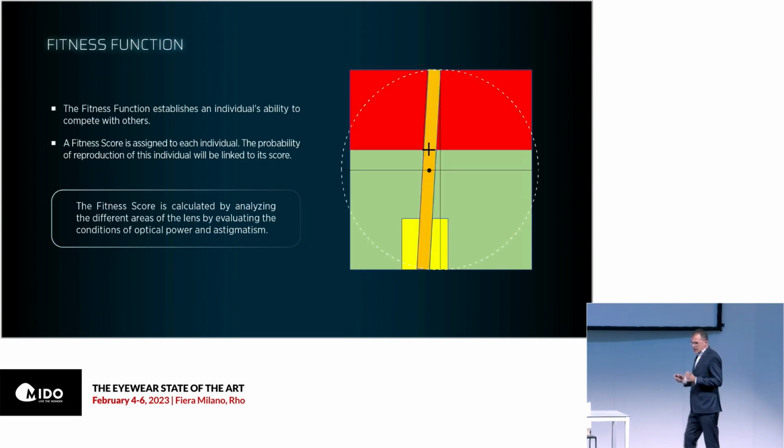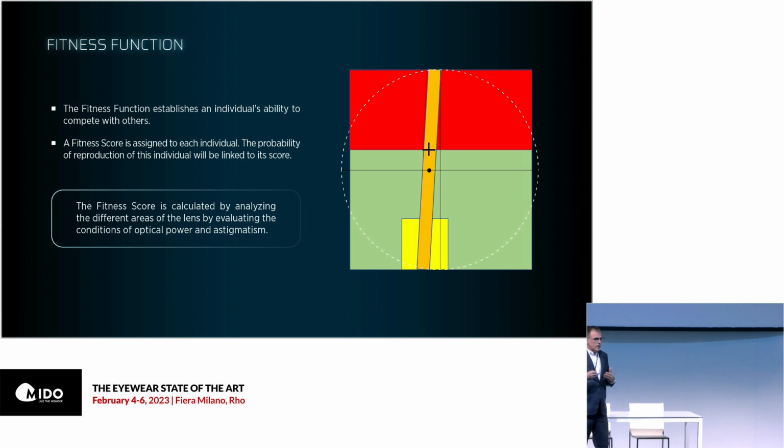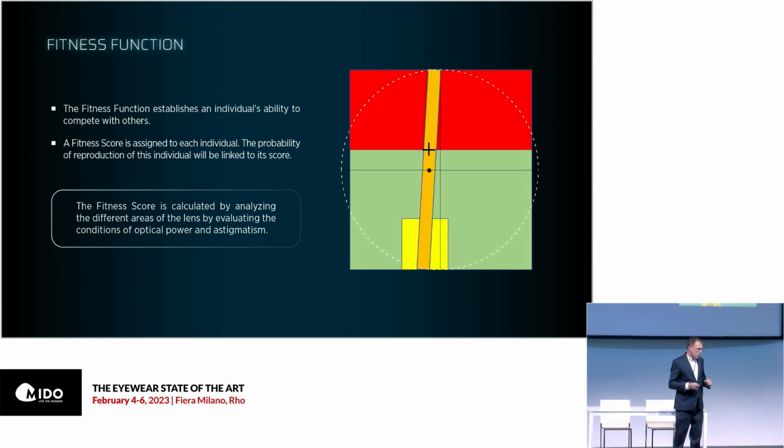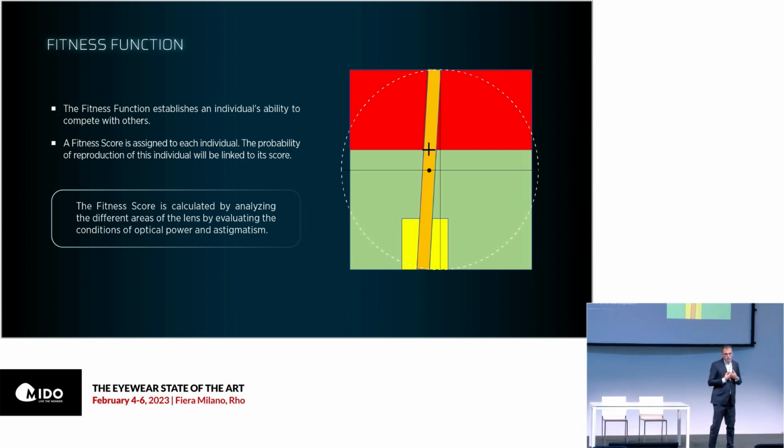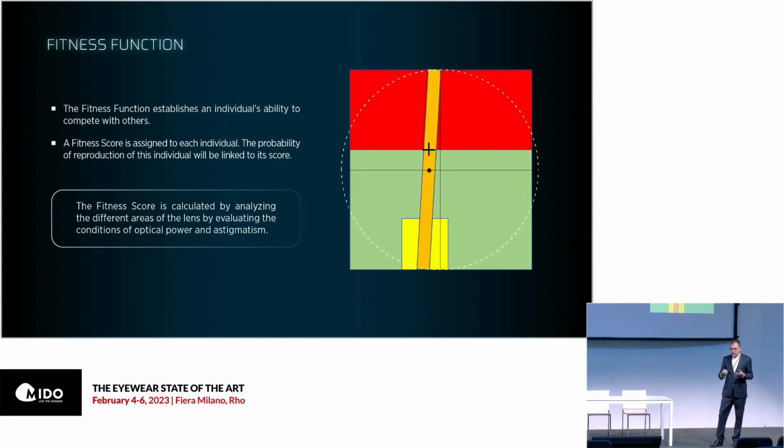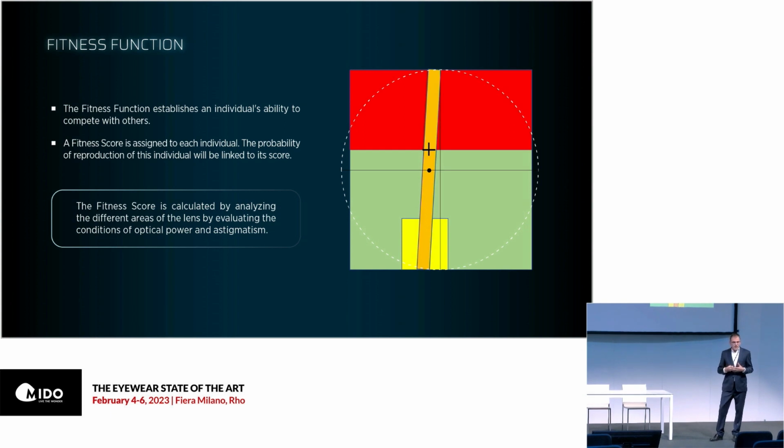Okay, but just like nature does, you know that nature rewards or punishes the individual. There are individuals that are well adapted to the environment and others that are not. So in our toy model, we need to define a metric in order to say if one specific individual is good, so-so, or bad.